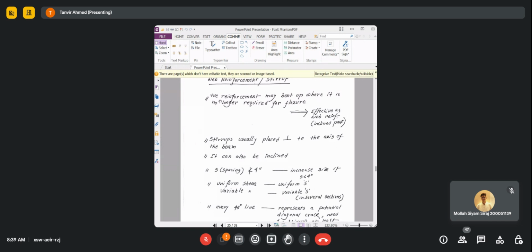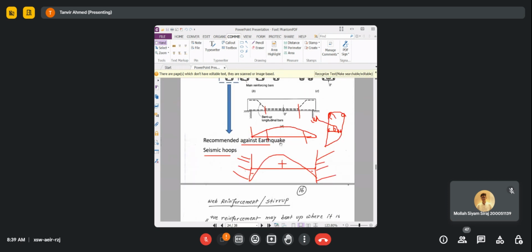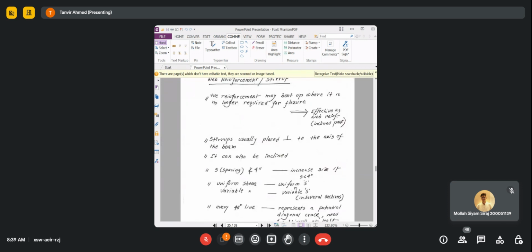The first one we discussed already. Positive reinforcement may be bent up where it is no longer required for flexure, and you can bend the middle two reinforcements as we have discussed. And stirrups are usually placed perpendicular to the axis of the beam. That means the stirrups will be vertical.